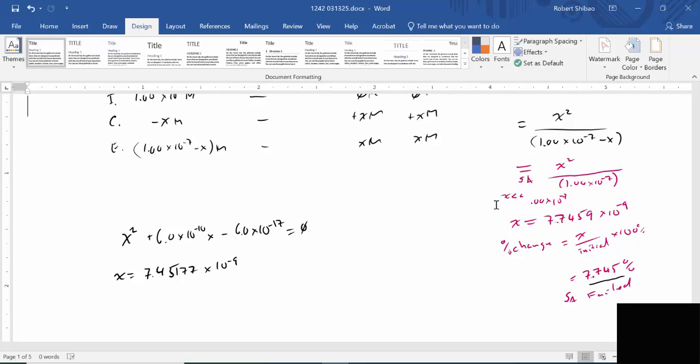All right, so let's go ahead and calculate it. So 1 times 10 to the negative 7 minus 7.45177 times 10 to the negative 9.